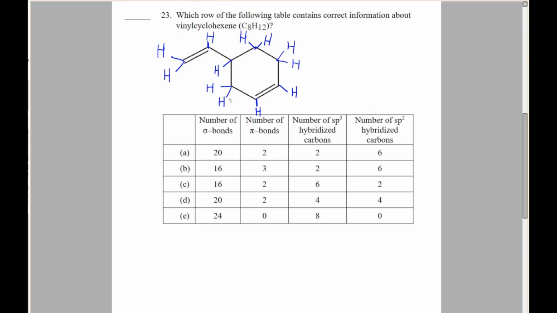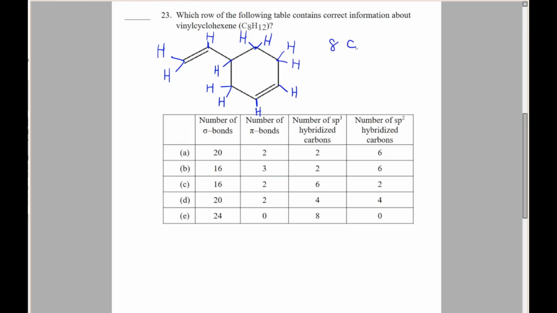So now that we've drawn out all of these bonds, we can count them. Starting with the sigma bonds, we just have to count the number of bonds in total without counting these double bonds twice. If we start with just the basic carbon skeleton structure bonds, we have 1, 2, 3, 4, 5, 6, 7, 8.